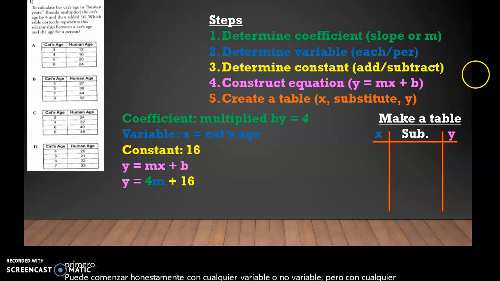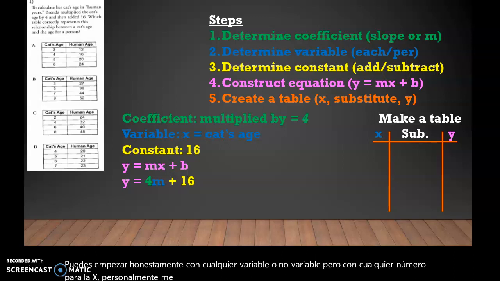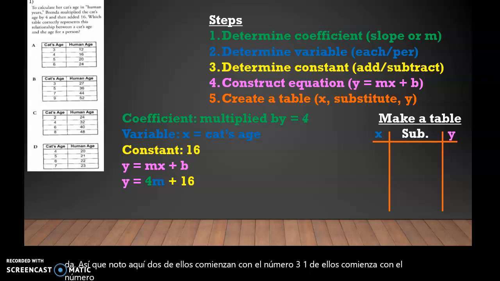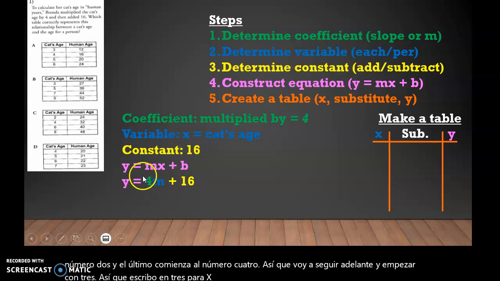I personally like to go back to my answer choices and see what's given. So I notice here 2 of them start with the number 3, 1 of them starts with number 2, and the last one starts with number 4. So I'm going to go ahead and start with 3. So I write in 3 for x, and I substitute it into the equation that I solved.